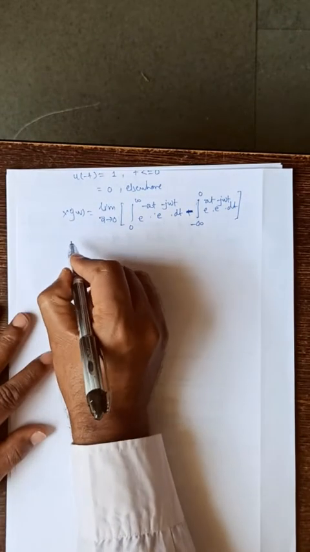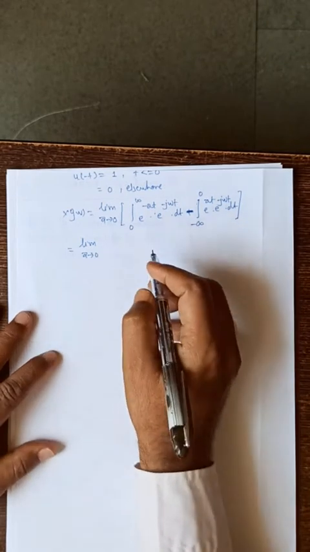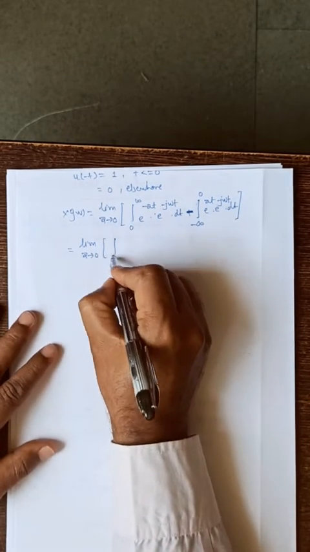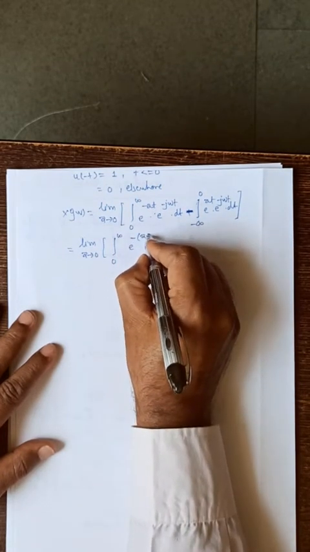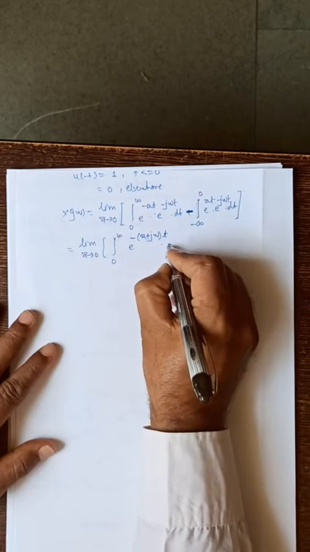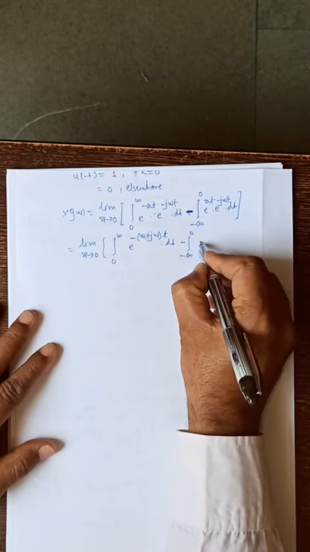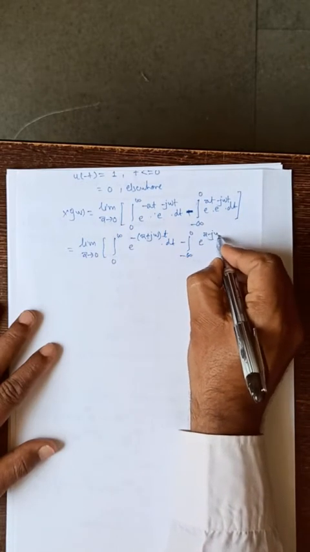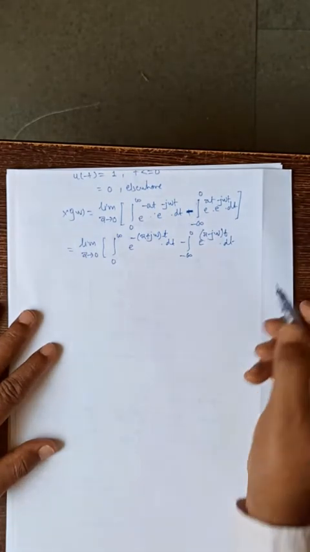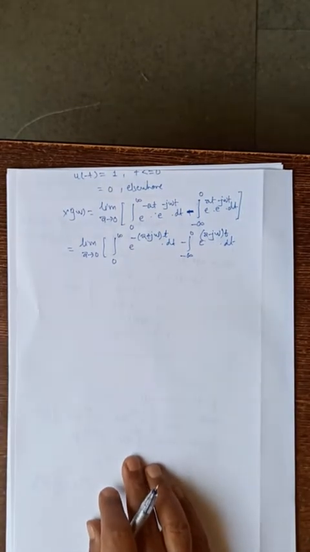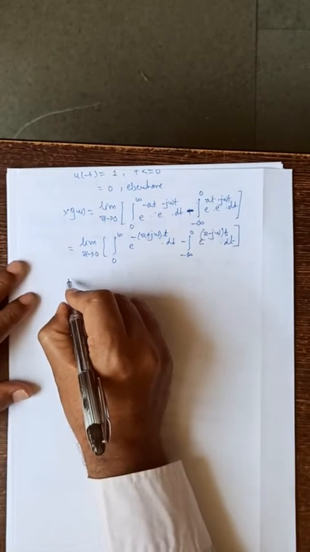Now this is equal to limit as a tends to 0. So we can combine this: 0 to infinity e raised to minus (a plus j omega) t dt, minus integration from minus infinity to 0 e raised to (a minus j omega) t into dt. Bracket complete. Now you can apply the integration and put the limit.